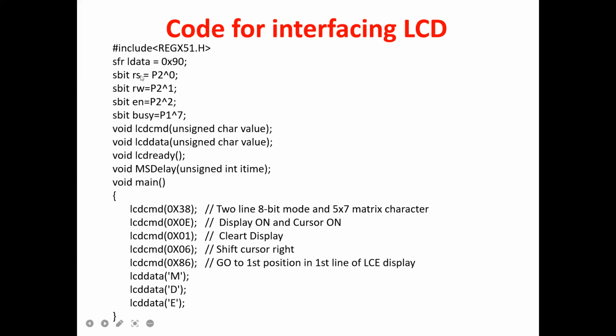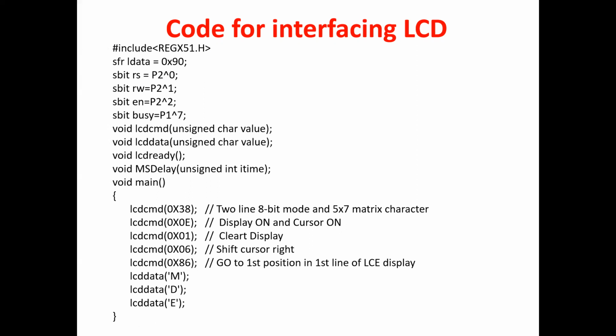The different pins of the LCD are connected to different pins of the 8051 microcontroller. So instead of remembering the pin numbers, we are assigning names to the connections we have given from the LCD pins to the microcontroller. Suppose the RS pin of the LCD is connected to P2.0, the 0th pin of port 2.